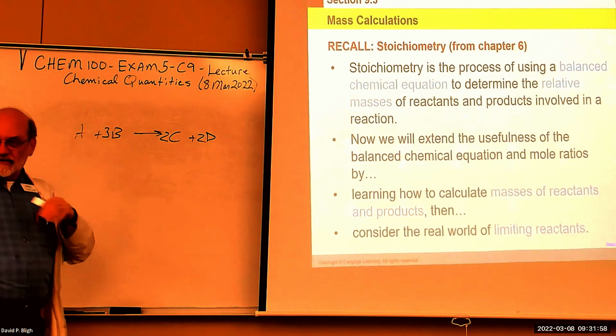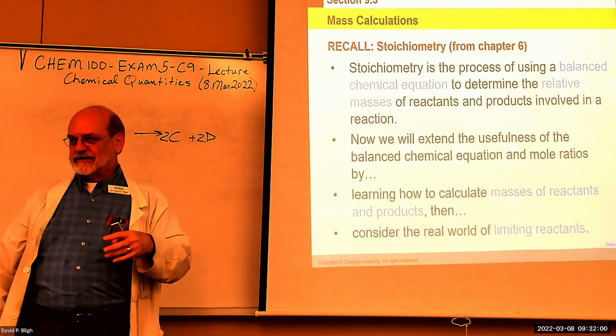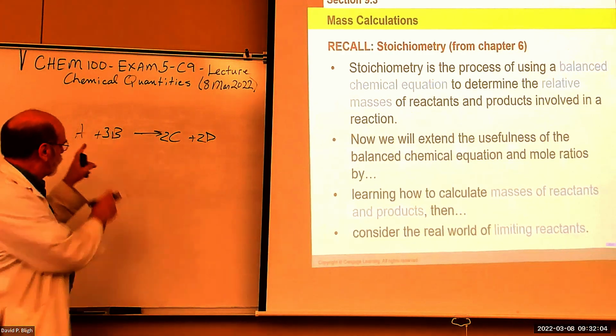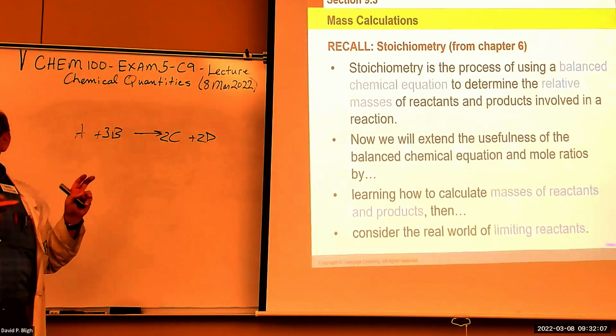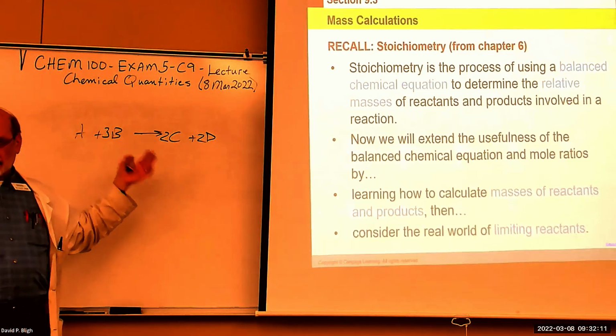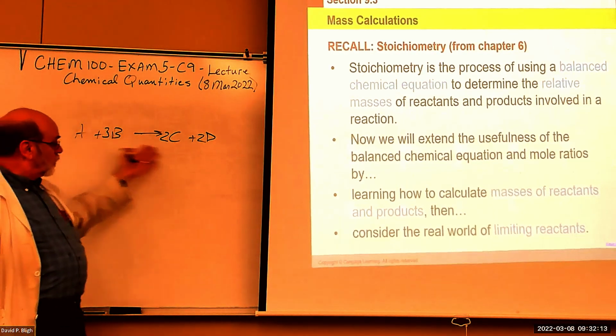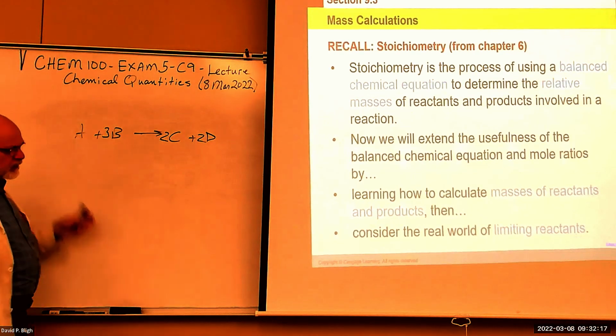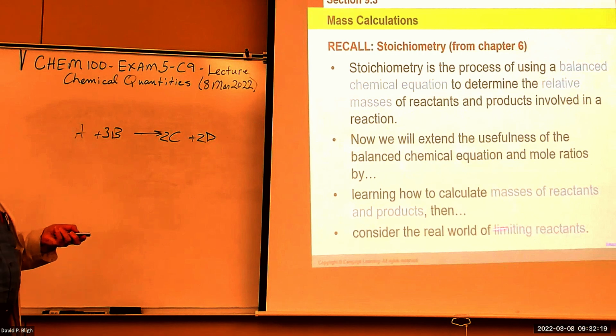In the real world, there is always a limiting reactant. You never get exactly the mole ratio that you expect. Now, for discussion purposes and theoretical, you can work your problems that way, sure. But in reality, there will always be a limiting reactant.